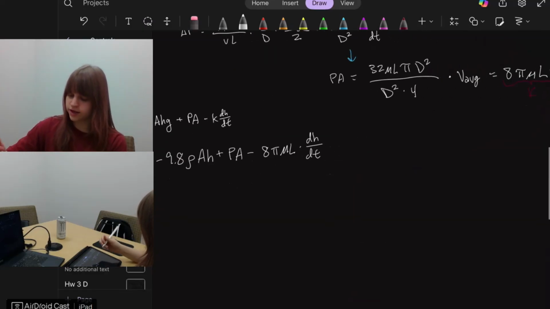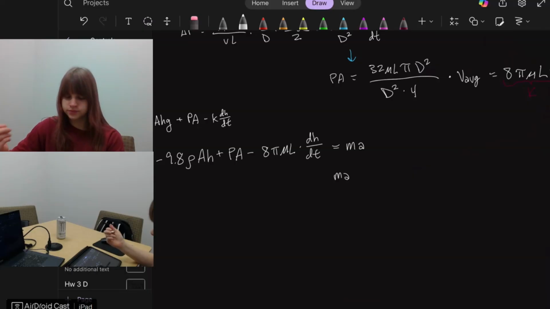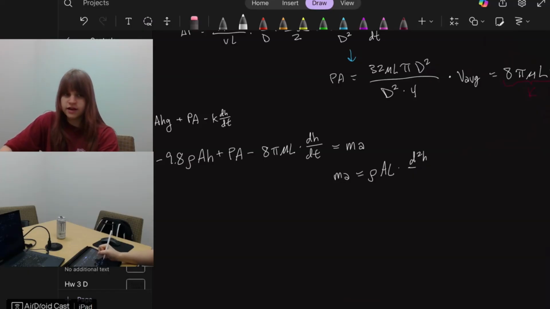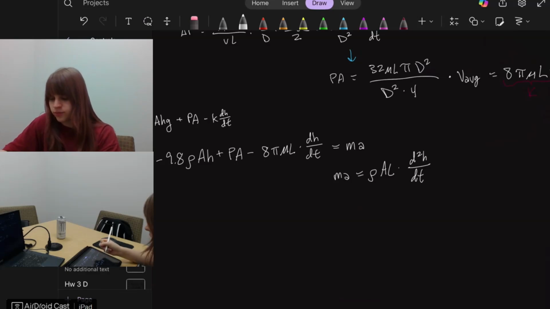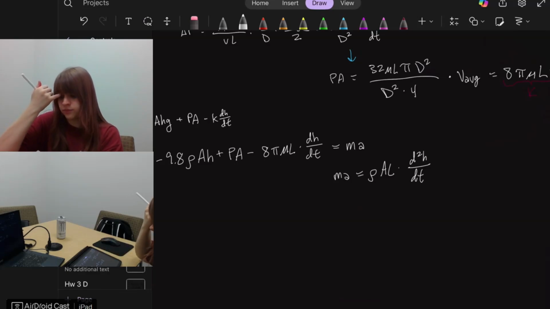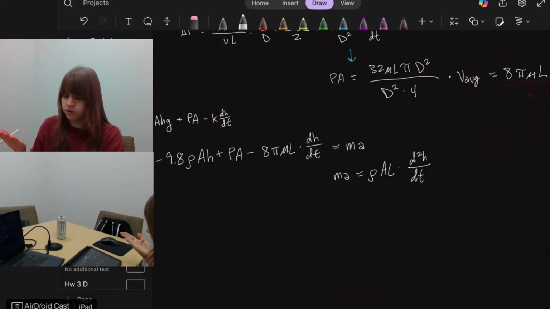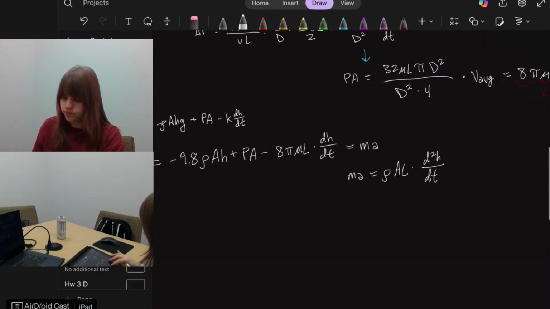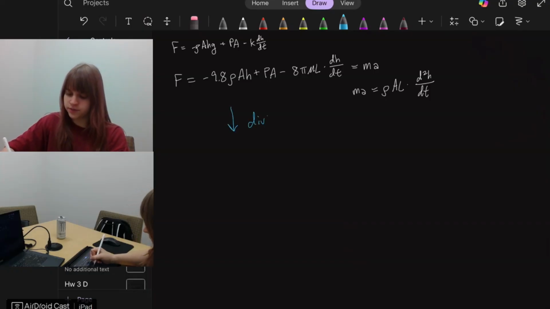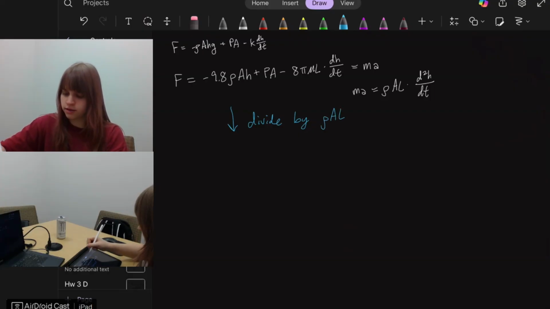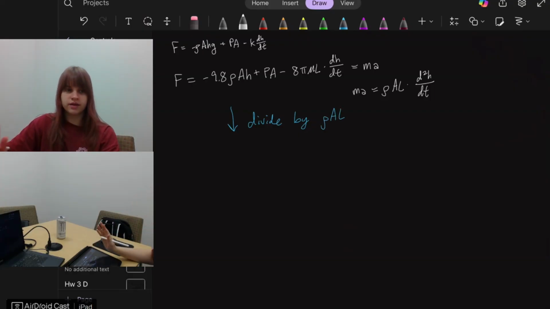We also know that force is equal to mass times acceleration. In our case, it's helpful to write it as rho times A L, then it's the second derivative of the height with respect to time, because we are talking about acceleration rather than just velocity. Now we can divide by rho A L to get that term by itself.